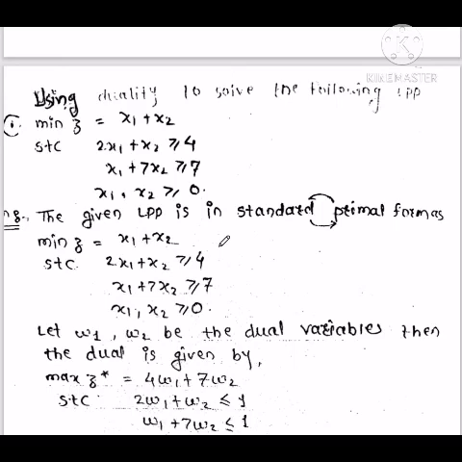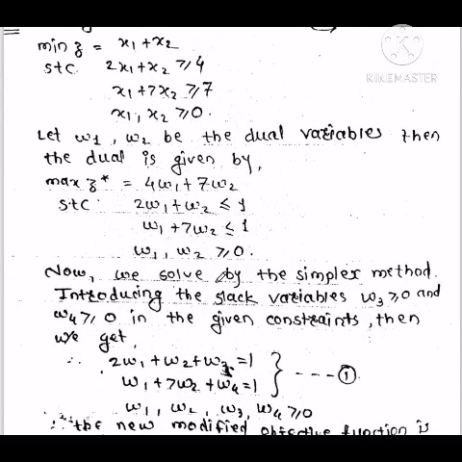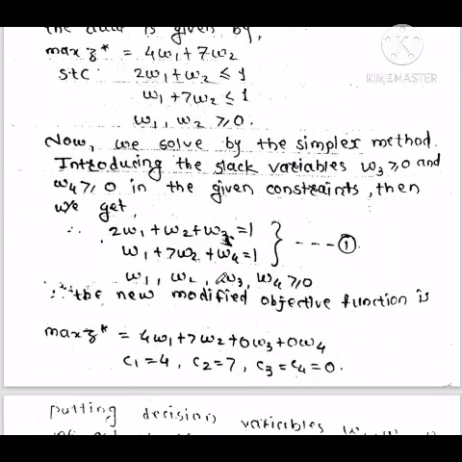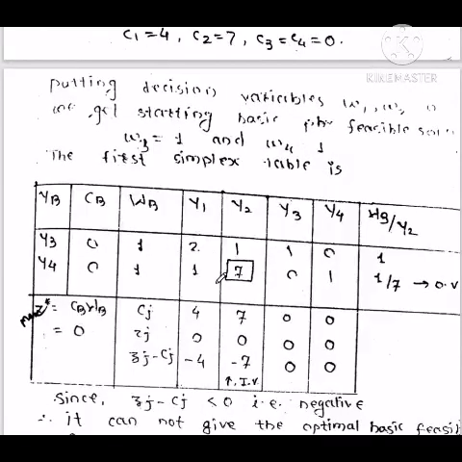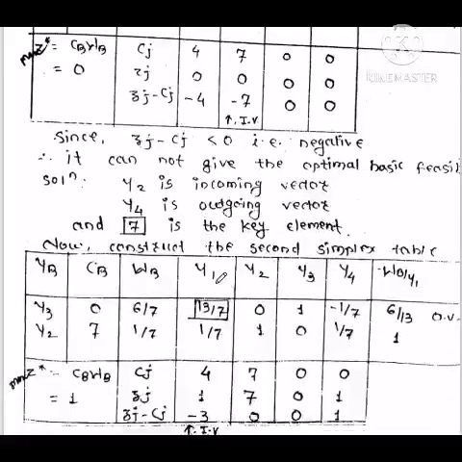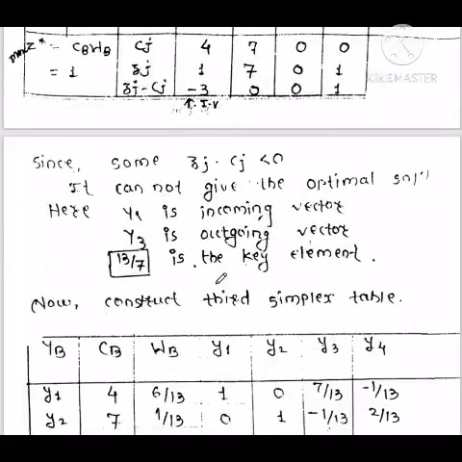find out the dual problem. First you have to write down the primal problem in standard form, then you have to take the dual of that problem, then after taking the dual you have to solve the dual problem using the general simplex method. In this way we can solve dual problems by using the simplex method.